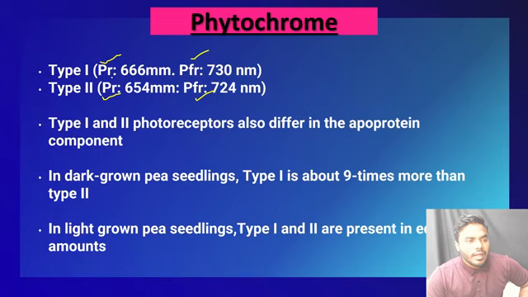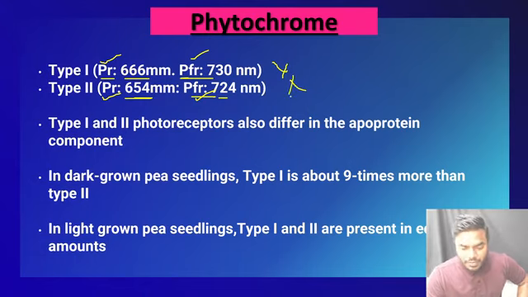Type 1 absorbs the maximum amount of light in the PR form at 666 and the PFR form at 730; in type 2, PR at 654 and PFR at 724. You need not remember, kindly don't worry about it.